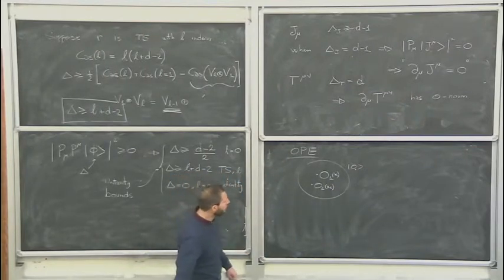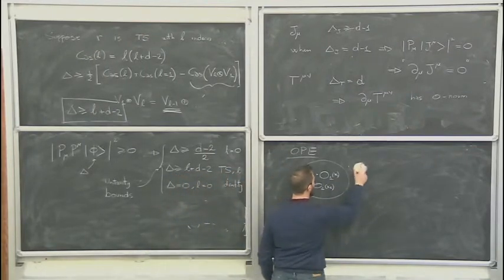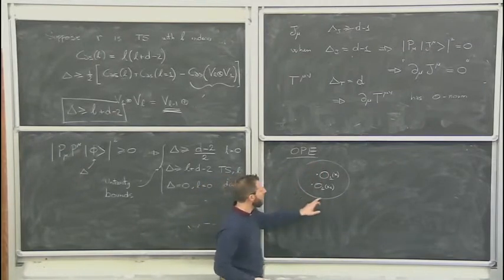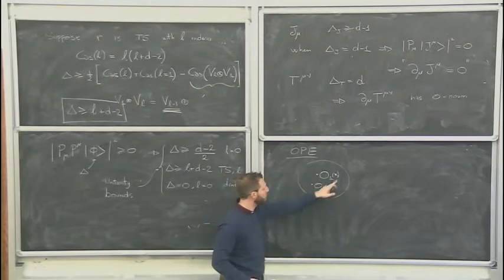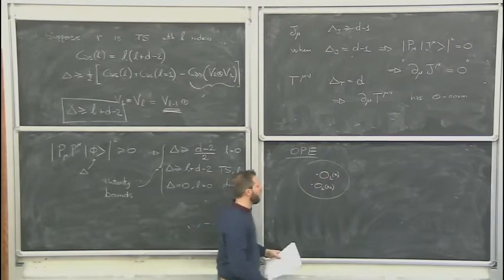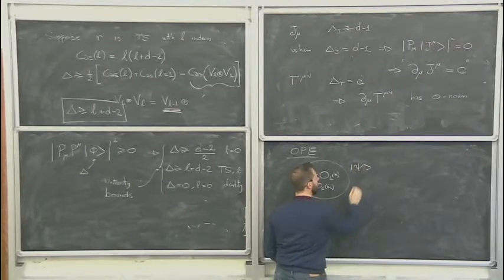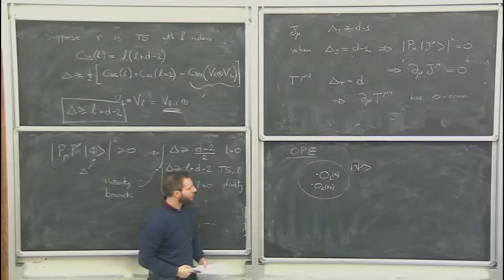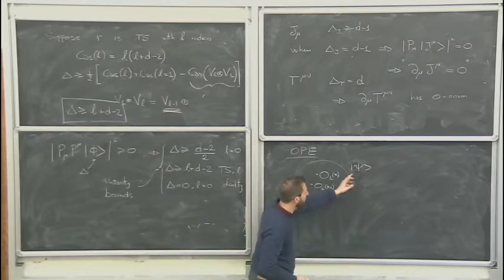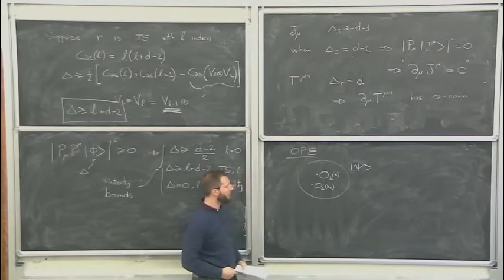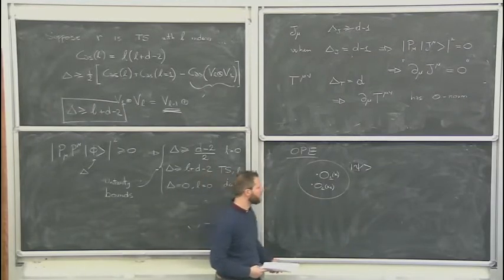In this case, by the same logic, I can still define a state on the boundary of a sphere surrounding the two operators. Let me call it psi. This is a state, but for no reason should I expect that this is in some irreducible representation of the conformal symmetry. And indeed, it will not be.